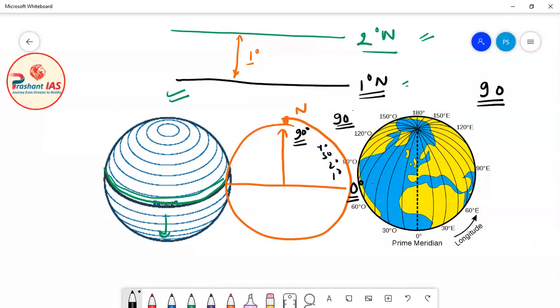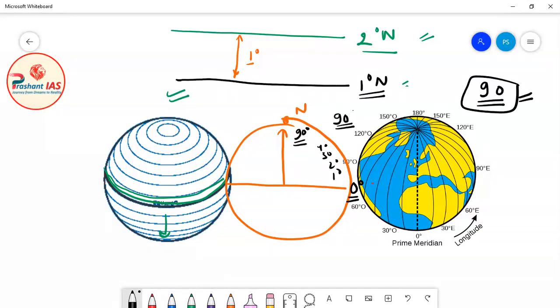Are you getting what I am saying? The distance from equator to north pole, or from equator to south pole, is very large, and we have only 90 parallels of latitude from equator to pole.